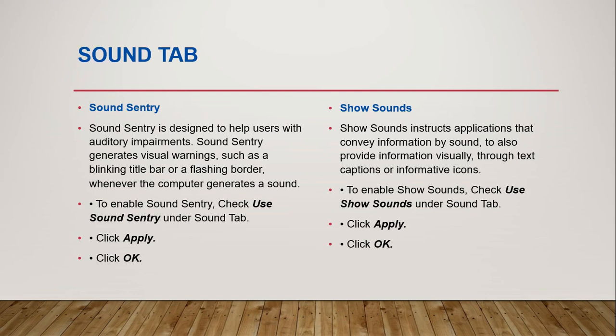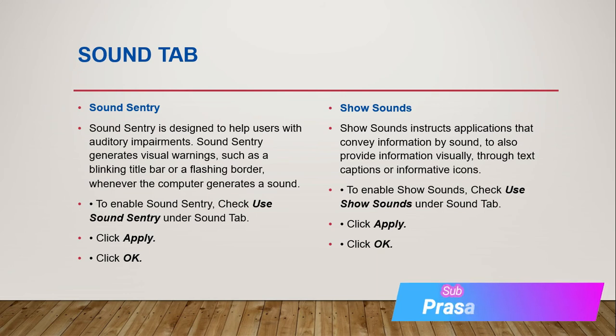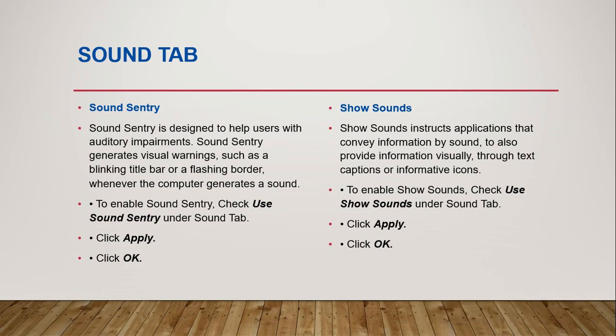We have the path here in the accessibility options. Click on the sound tab. Under the sound tab, we have the sound sentry option. If you click or enable that button, this will come into use. Say that when you're typing something, take your notepad and type something.